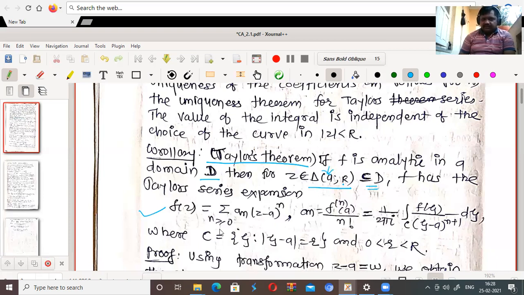This is Taylor's theorem, where the curve C is in the domain and is a circle having center a and radius small r, where small r is less than capital R.